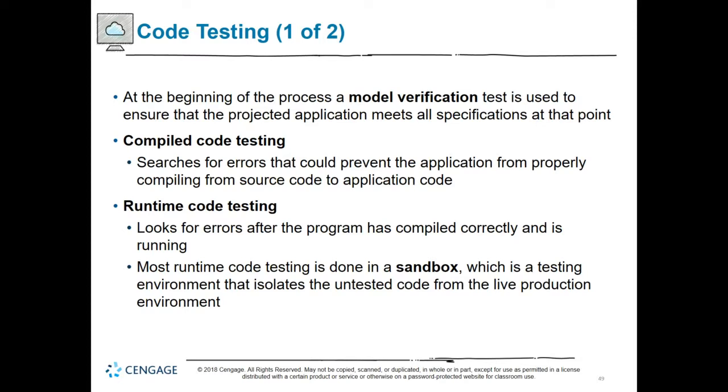We go through the compiled code testing. So in there we're going to look and see if there's any errors that can prevent the application from properly compiling from source code to application code. So we're saying, okay, is there something in here that's not complying with our security? Is there something in here that's not allowing it to actually compile?